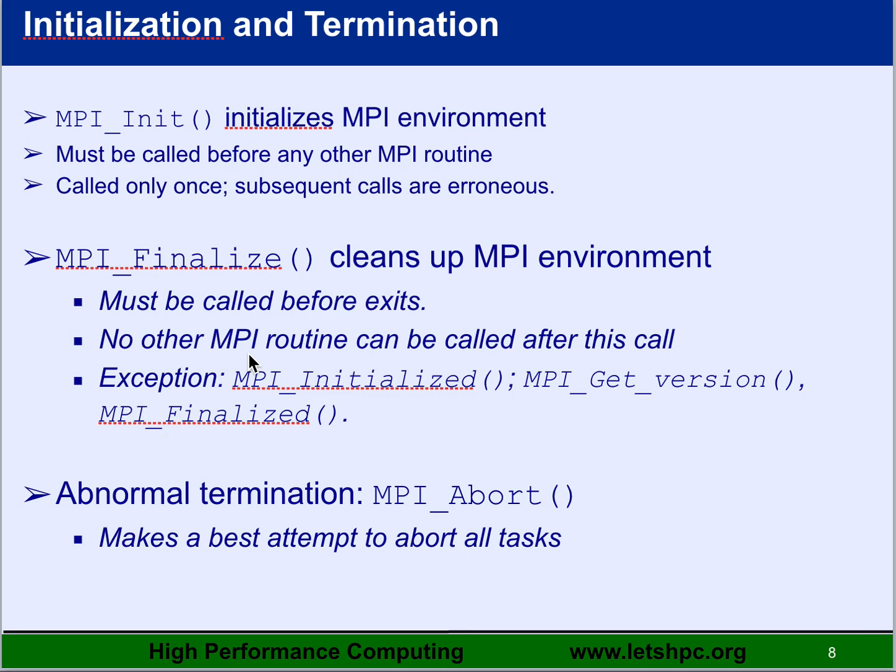There are some exceptions to this, for example MPI initialized, MPI get version, and MPI finalized. We can look into these details later on, because currently we just want to focus on the most important calls which can be utilized to write very important codes. For abnormal termination, you can call MPI abort, and it can be used to abort all tasks.